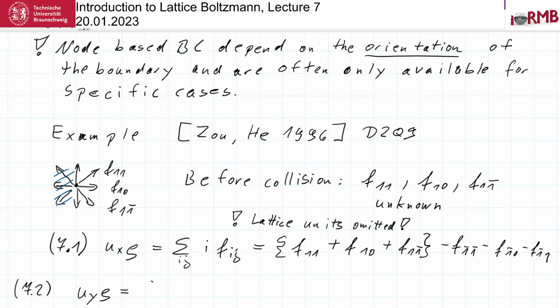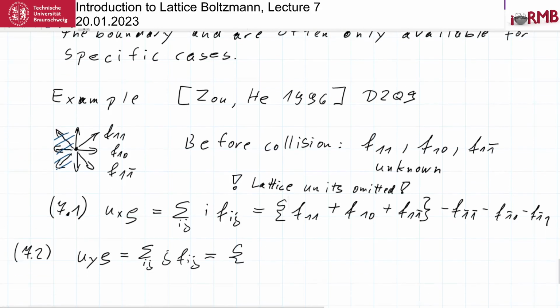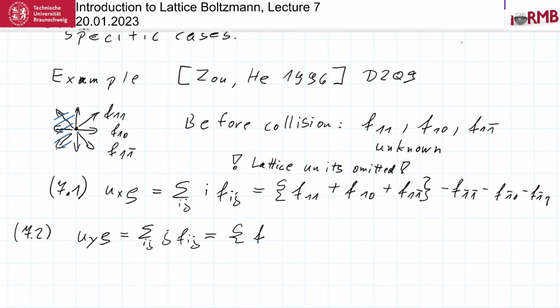The y velocity is the sum over i and j of j times fij. And this has a slightly different structure. So we have only two of these distributions, and this is the difference between them, plus f.